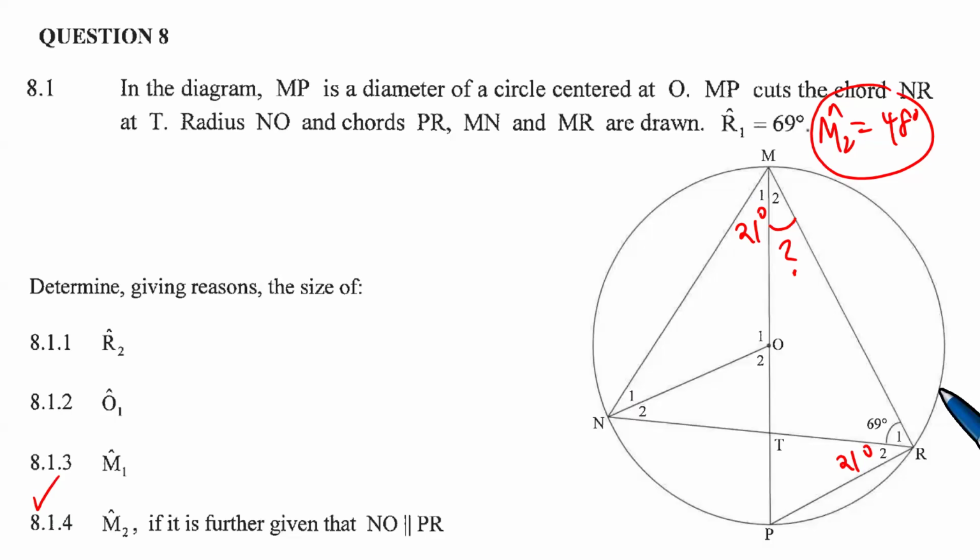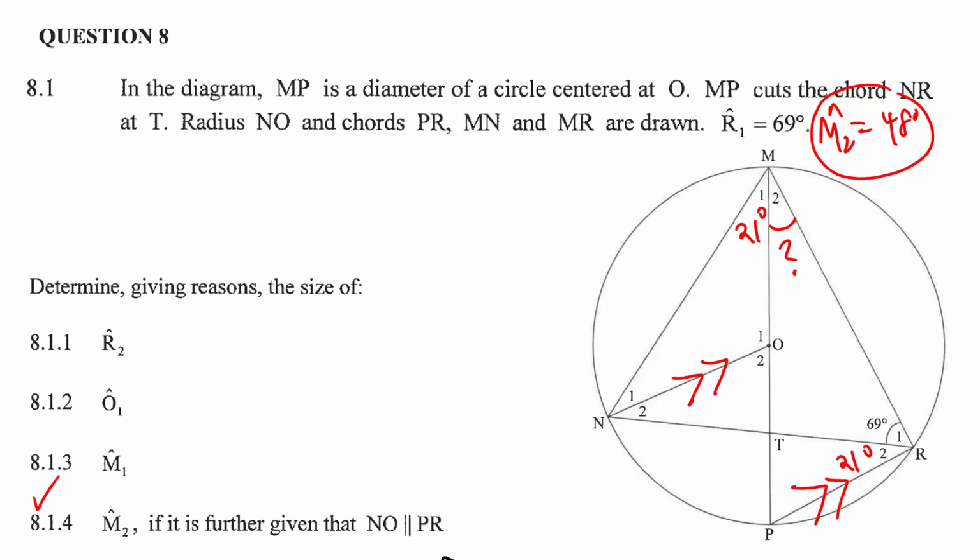Remember that it is further given that NO is parallel to PR. If NO is parallel to PR, what more can you deduce from that?